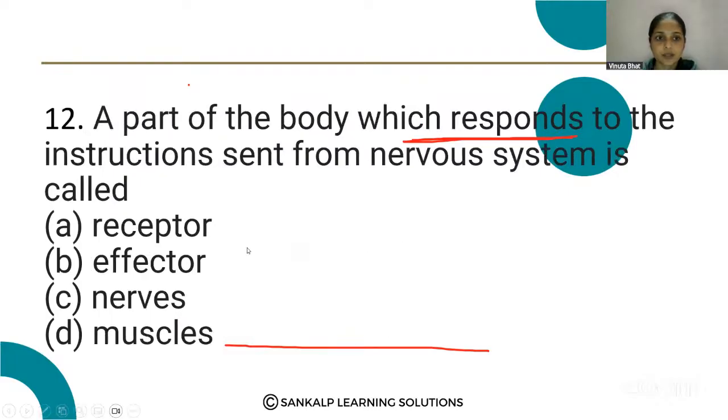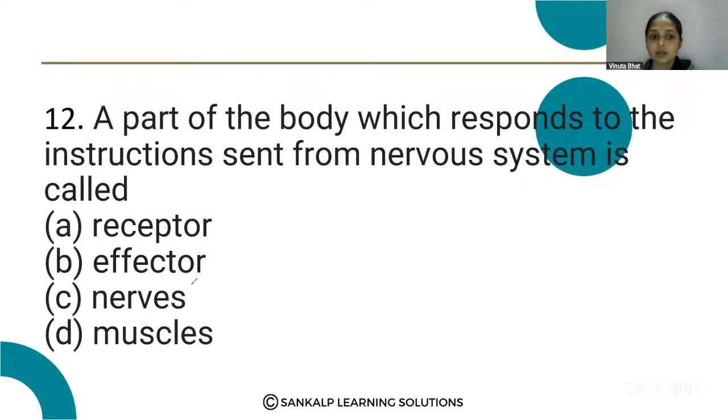Next one. The part of the body, sorry, not plant body, the part of the body that responds to the instruction sent from the nervous system is called what? Which part is responsible for responding to the information sent by the nervous system?